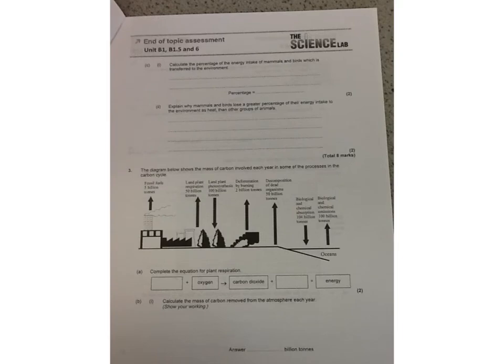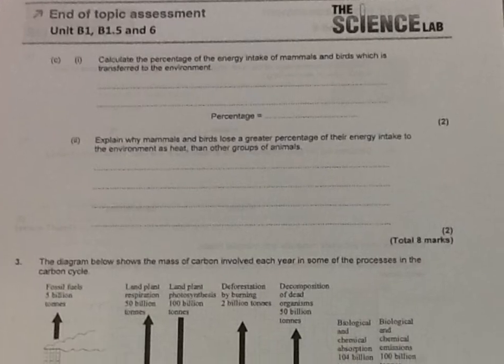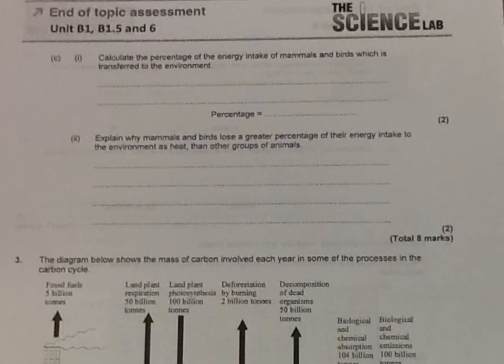Okay, just zoom in a little bit so we can see it clearer. Okay, right. So this is where some people started to lose marks. So it says calculate the percentage of the energy intake of mammals and birds which is transferred to the environment. So what we're going to do quickly, we'll look back at the question, we'll identify the energy that's transferred to the environment, and we'll identify the total energy.